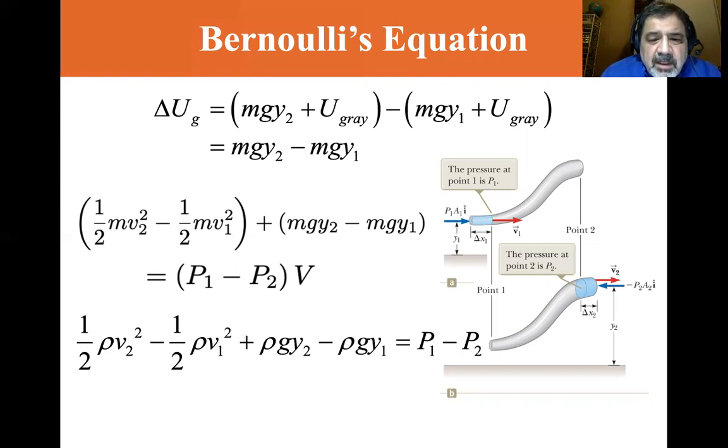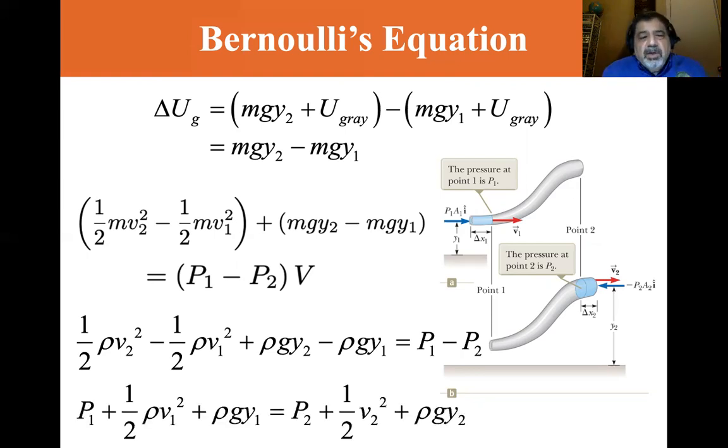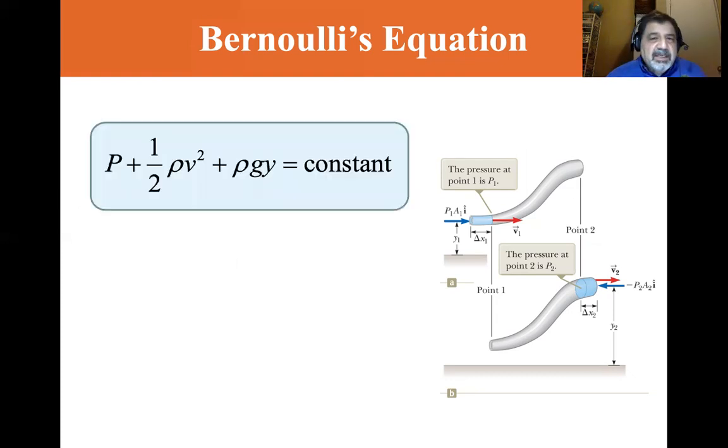Now let's group all the ones together and all the twos together, and we get P1 plus 1/2 rho v1 squared plus rho gy1 equals P2 plus 1/2 rho v2 squared plus rho gy2. And that gives us Bernoulli's equation, which says that the pressure plus 1/2 rho v squared plus rho gy is equal to a constant.